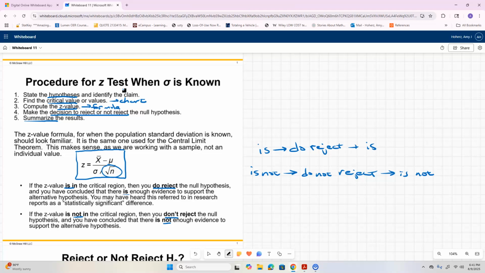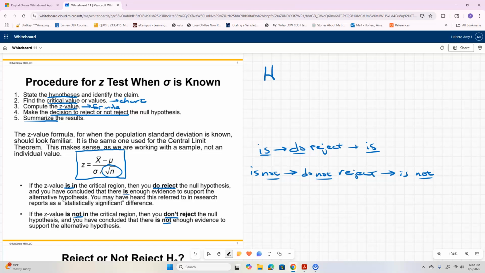Okay, so it's always either all in the positive, do, is, or is not, do not, or all in the negative, for the ones that we're doing. Again, that changes when we allow the claim to be on the null hypothesis, but we're not going to do any problems like that.